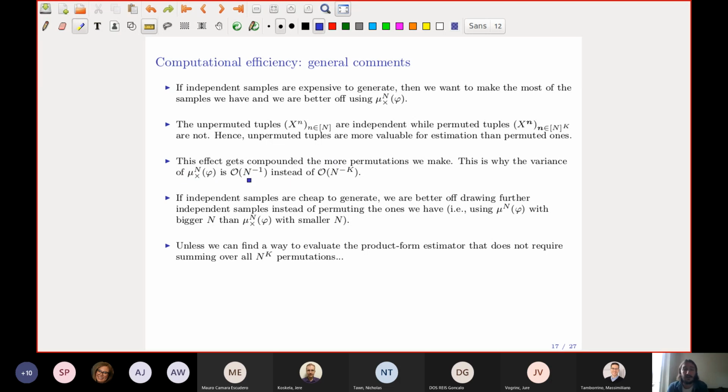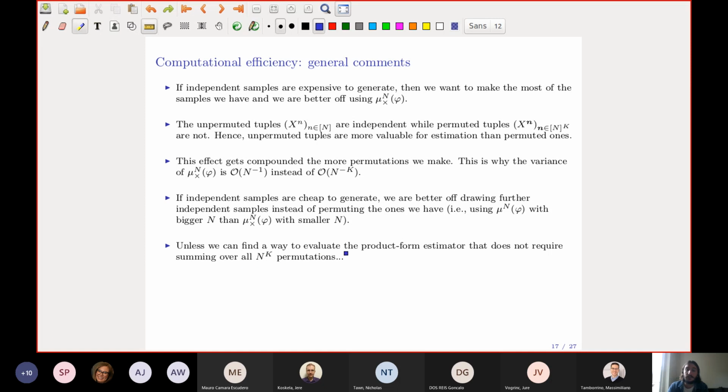So if samples are cheap to generate, if it's cheap to sample the target, then you definitely should be using the IID estimator and not the product form one. You should spend your computational budget on generating further independent samples rather than permuting the ones you have. And there's one exception here that we already saw at the beginning.